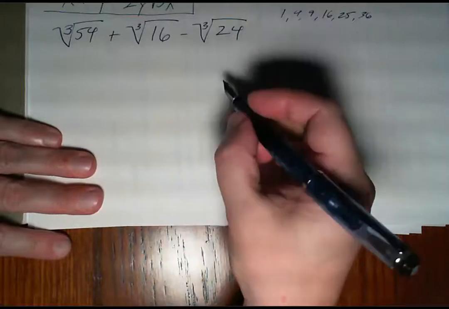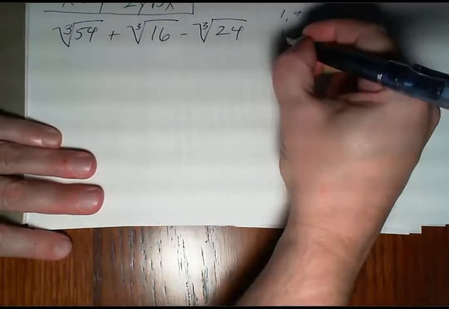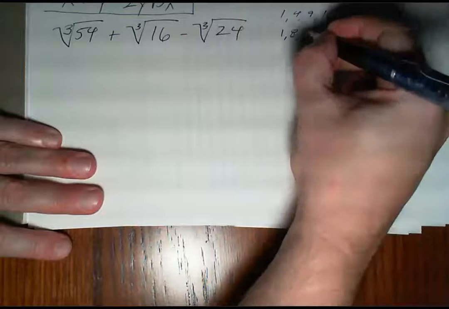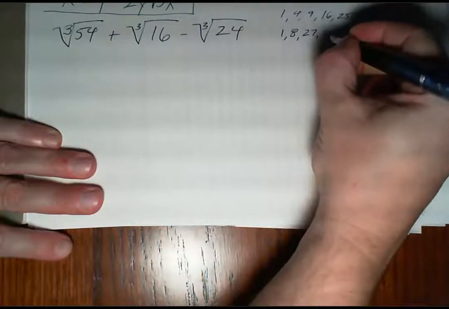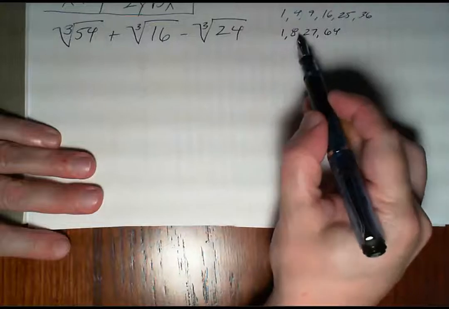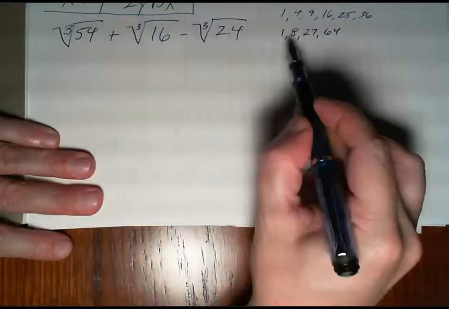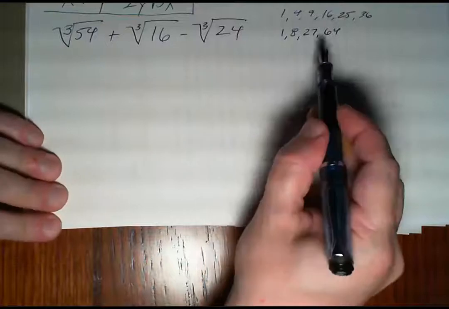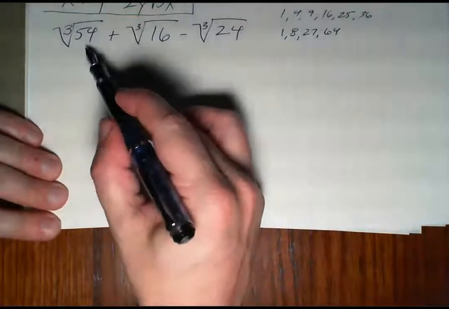When I'm dealing with cubed roots, though, I have to think of my perfect cubes. 1 cubed is 1, 2 cubed is 8, 3 cubed is 27, 4 cubed is 64, and so on. So I want to look for these values that are factors of the number. So obviously the 64 I won't be using with any of these, but you'll notice this first value I have is 54.